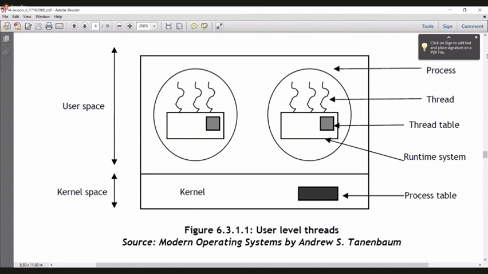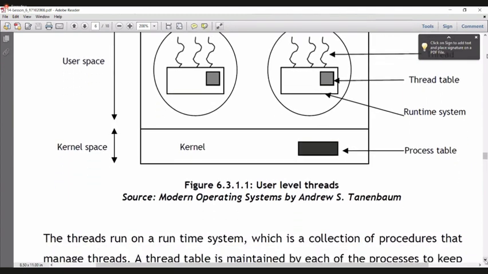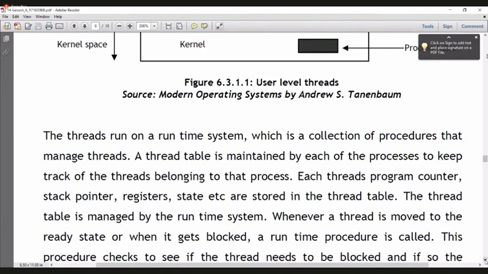Here you can see two processes, this is one process, this is another process. On the kernel side, you keep the process table because the system should know how many processes are running and so on. But you don't need to keep the thread table here because threads are handled within a process. Let's see the other diagram also, then you will understand.